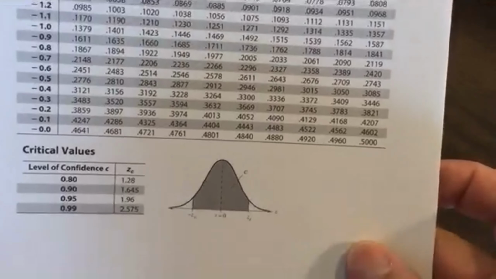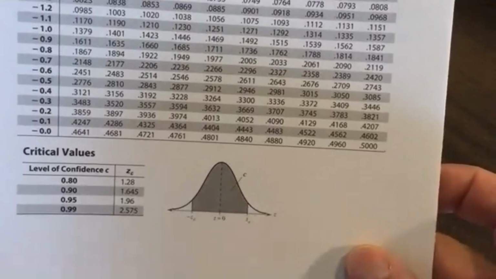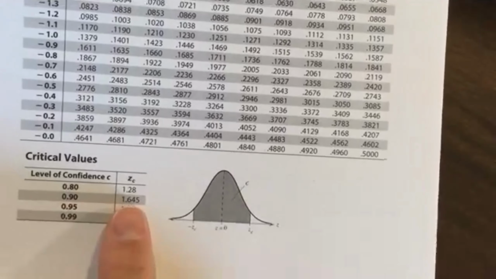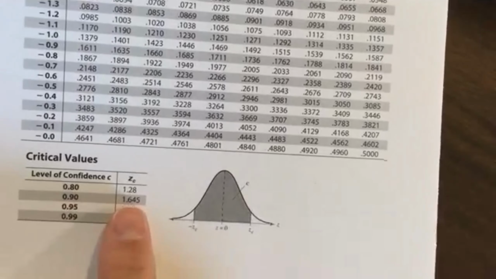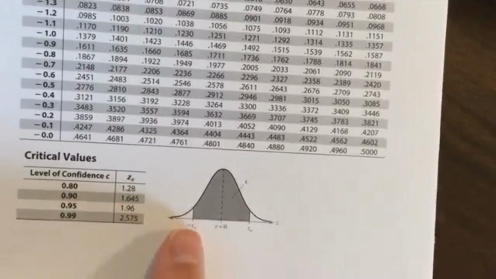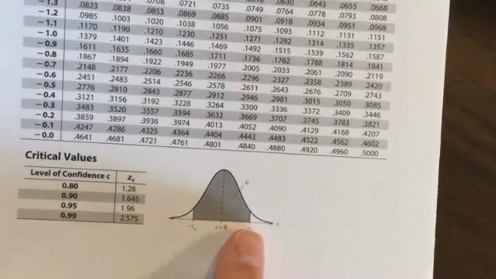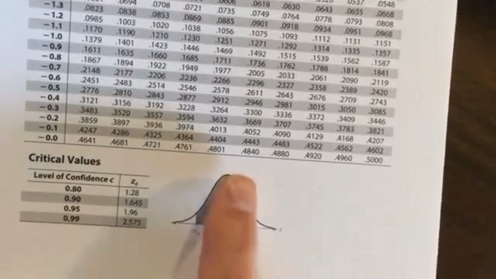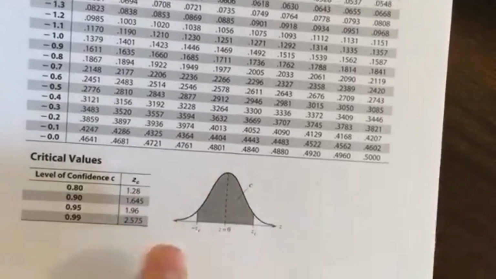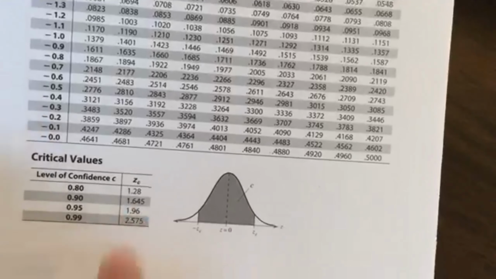And it says, if I can get my camera to focus, 90% would be cut off at 1.645. So that's the number that we need. Notice, from minus z sub c over to positive z sub c, we get 90% of the area, and the critical values that cut off that area are 1.645 and minus 1.645.